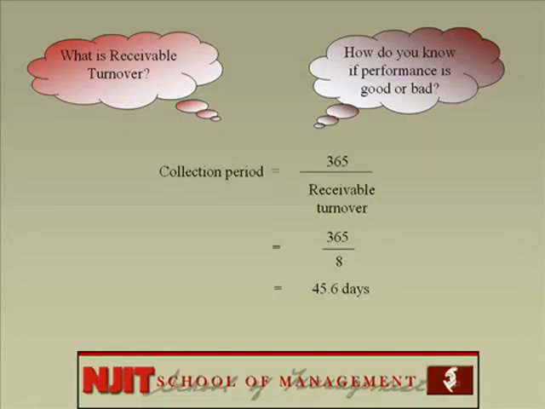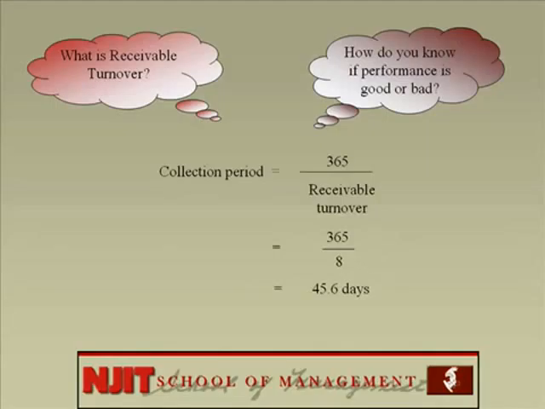If the credit period granted is 30 days, and they're taking like 46 days to get the cash, it's very bad because they're taking 16 extra days to get money. However, if the credit period you had assigned is 50 days, then this can be considered good since they're collecting the money within the period.